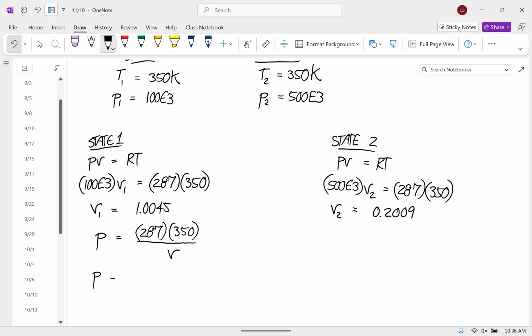So pressure is equal to mass times, what's 287 times 350? 2009, I think.